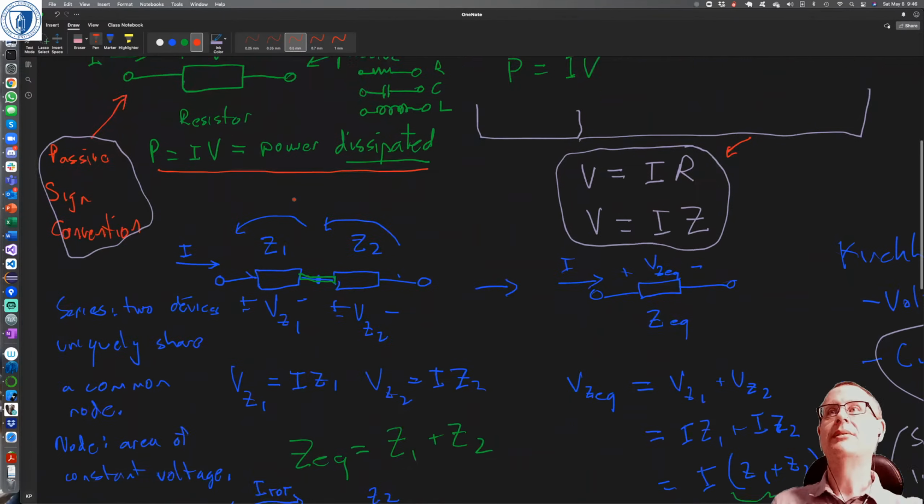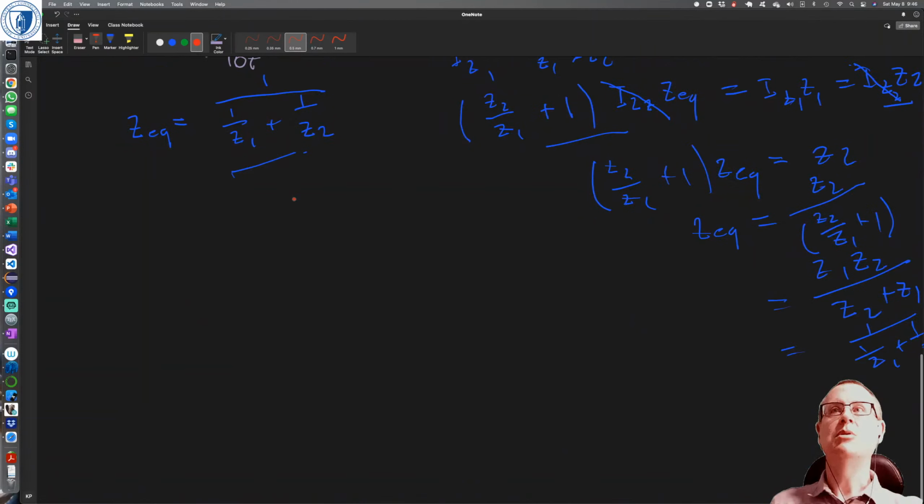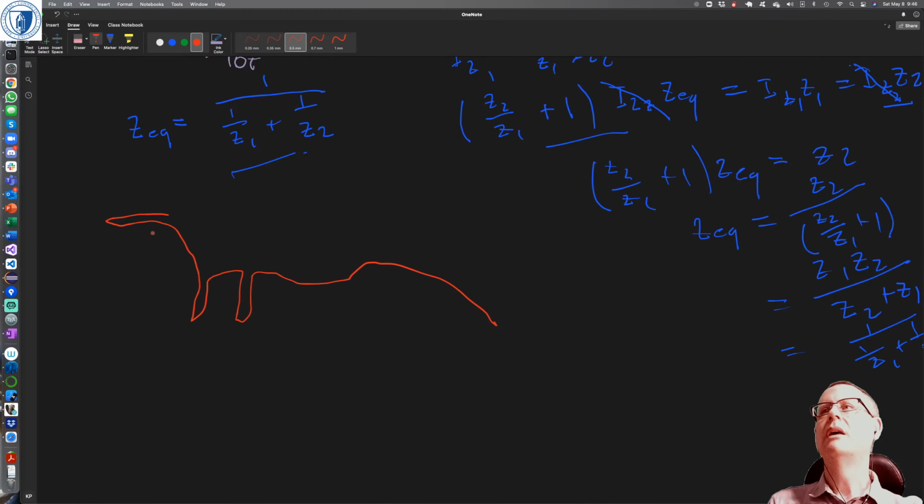And let's just scroll down. So remember the Apatosaurus, right? So let me just quickly do a really bad drawing of an Apatosaurus. That's so bad. Right, and I probably should have drawn some back legs as well.